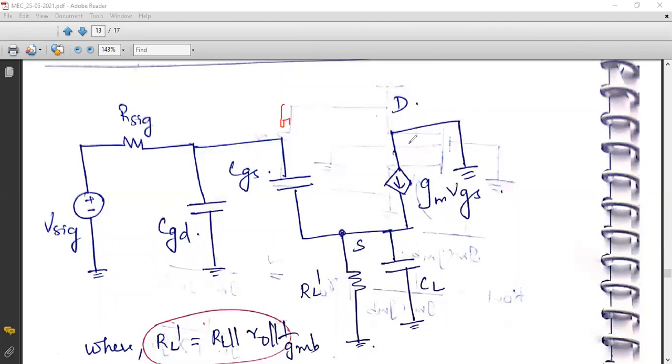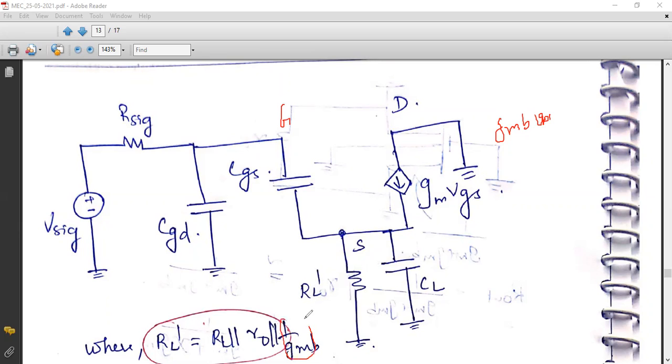Now, in the earlier circuit, you considered GMB into VBS also because of the body effect. Now I am removing this current source. While removing the current source, you have to insert a fixed resistance, and the resistance value is 1 by conductance, that is 1 by GMB.